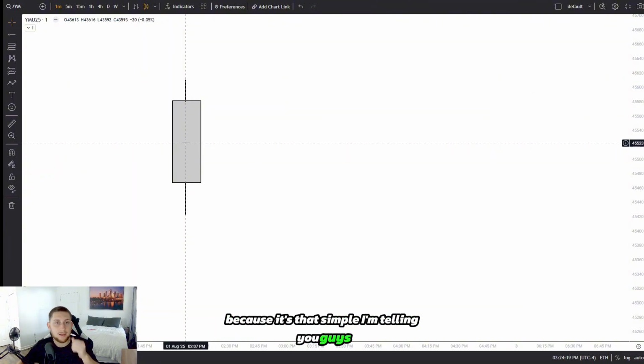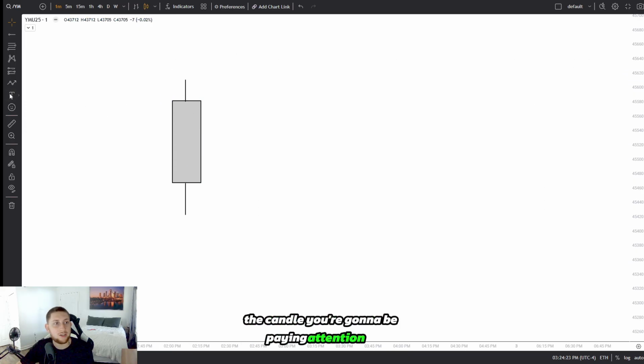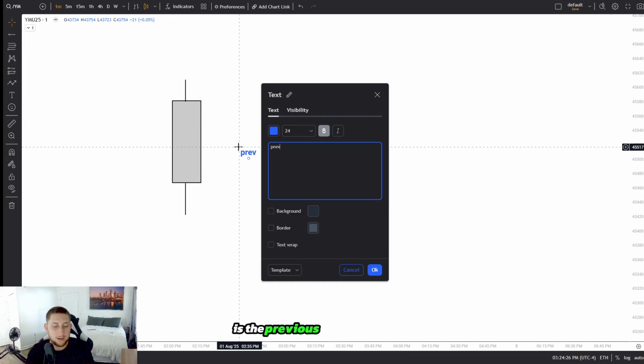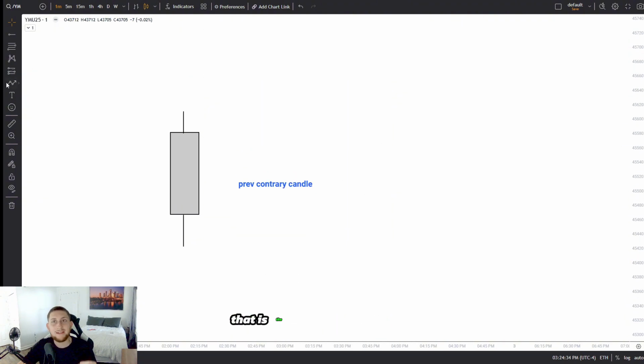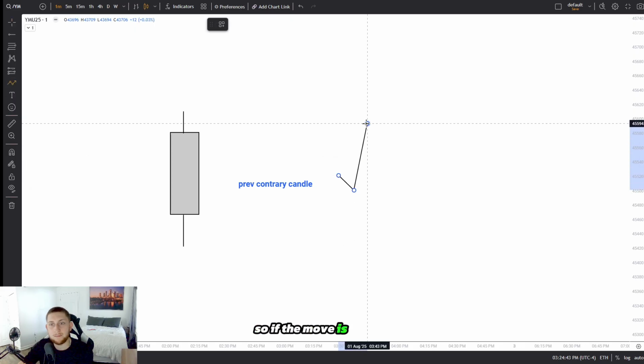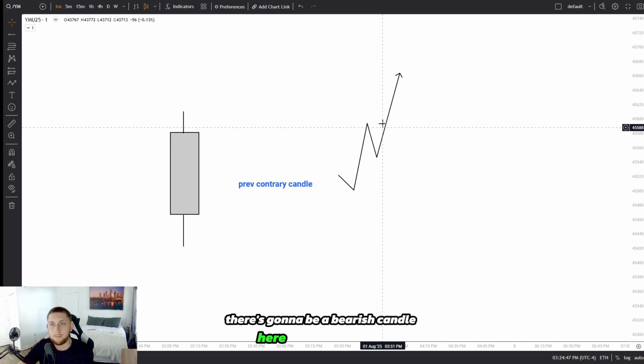I'm telling you guys. So jumping right into it, the candle you're going to be paying attention to is the previous contrary candle. Right? Previous contrary candle. Now, what is that? That is the final opposite candle before the move. So if the move is bullish, there's going to be a bearish candle here before that move.